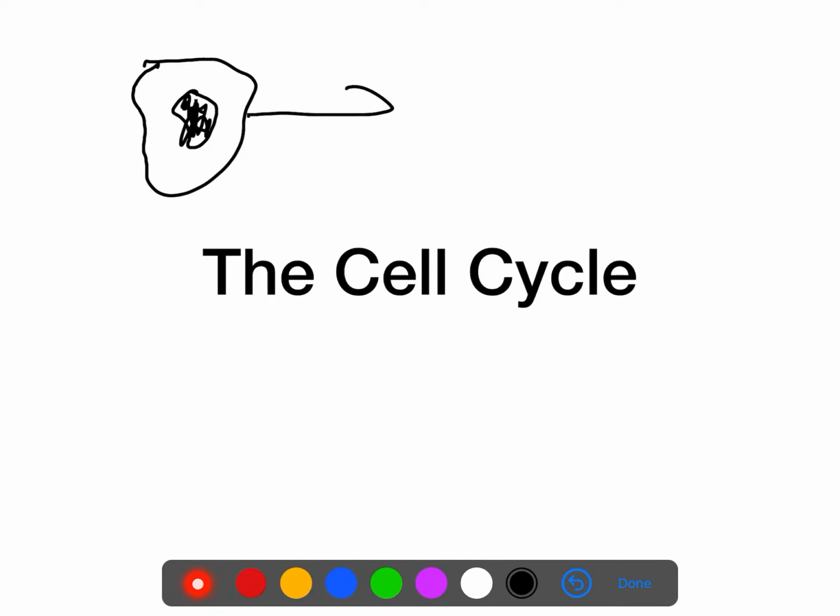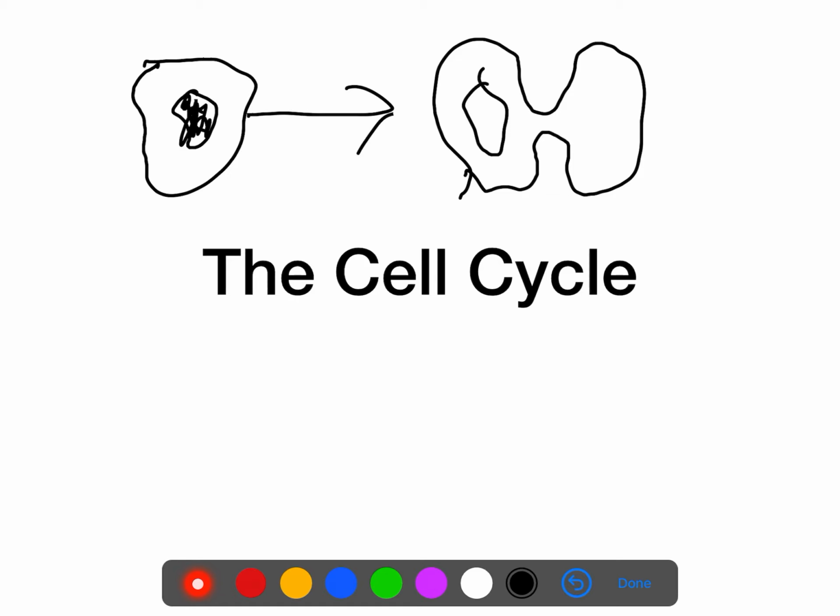So, basically, in order for things to keep on living, you have to have some way for one cell to become two cells.